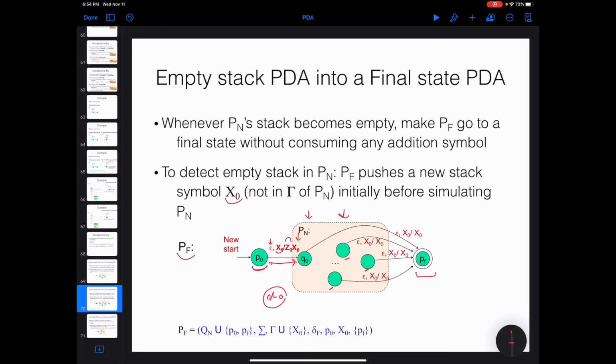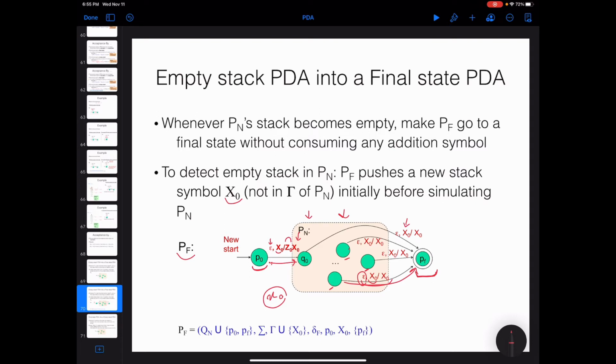From all of these states, add a transition to an accepting state, and that transition doesn't consume anything from the input, so epsilon from the input, but it forces you to have X0 as top of the stack, which means that just like in your original pushdown automata, the stack is empty, even Z0 has been removed, right? In that case, just move to the final state. So we are going to add a transition over all the states, but this transition only moves to the final state if the top of the stack is X0.